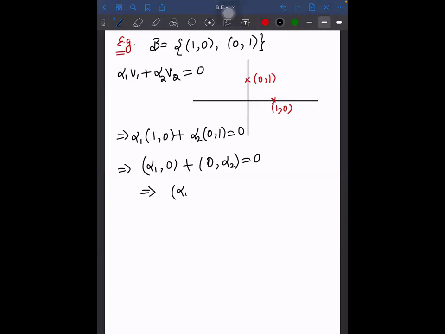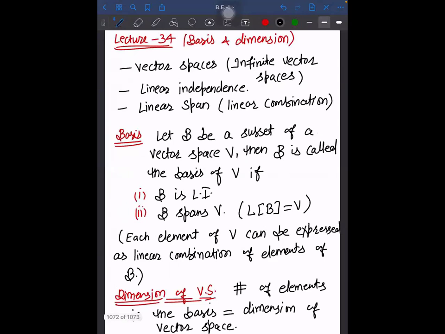So that means (alpha 1, alpha 2) is equal to the 0 vector. So that means you have no choice, all your alpha i's are 0. So therefore B is LI. Is it fine? So this is our first condition, right? We have proved the first condition that B is LI, right?